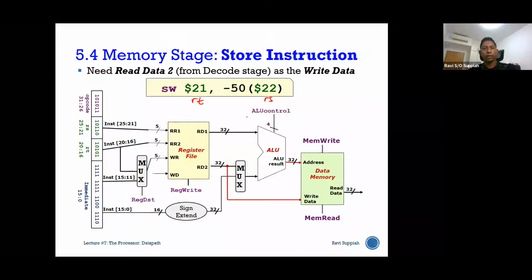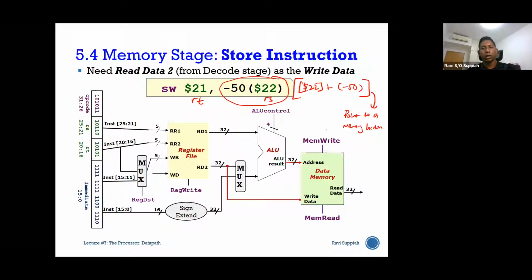What you're doing here again has not changed, because you're taking the content of register 22, adding negative 50, and this whole thing points to a memory location.